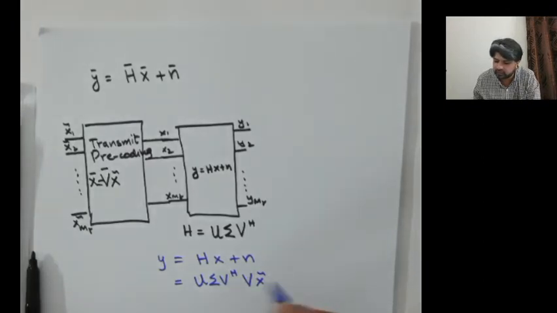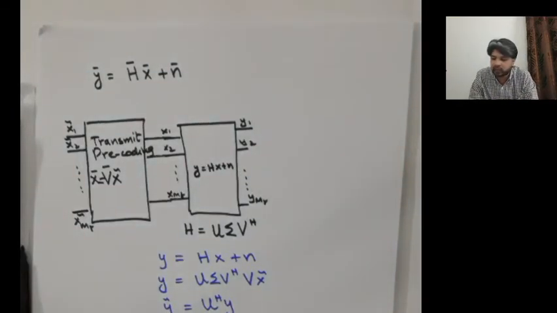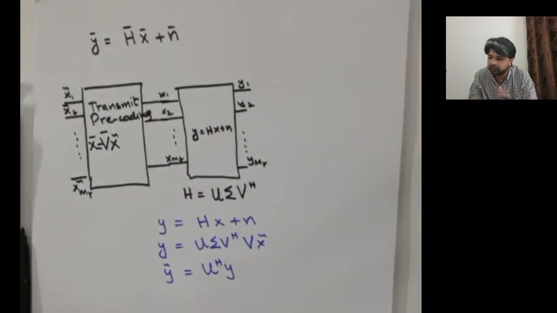Then at the receiving end, we said that if we reshape our signal such that your y tilde is equal to U Hermitian times y, then effectively you would have a set of parallel channels.